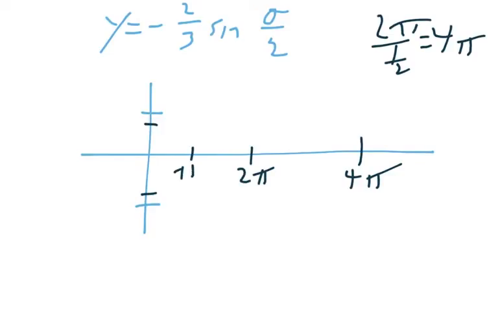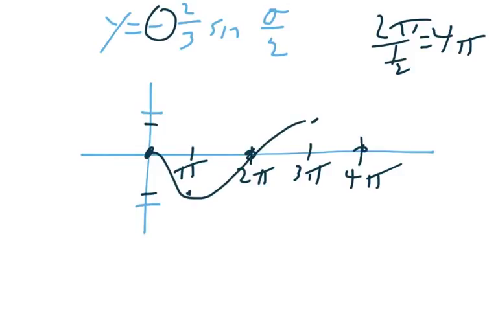In between 0 and 2 pi is 1 pi. And in between 2 and 4 is 3. Sine graph starts at the middle. Because this is negative, we go down first. And there's my graph. So that was 4 more examples of graphing.